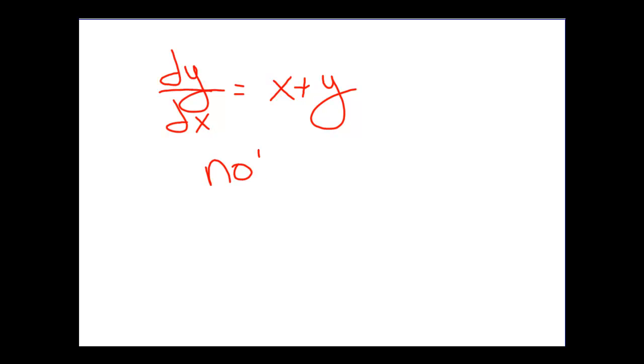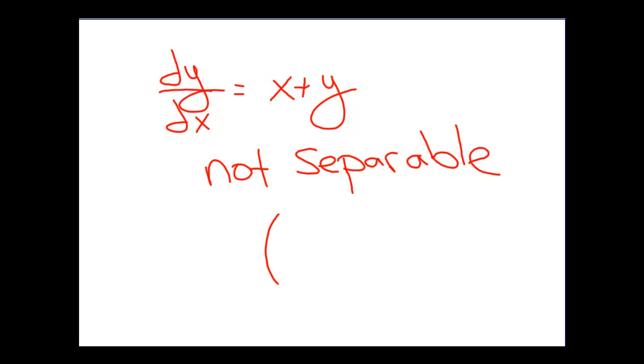This is not a separable differential equation. We cannot write this as some function of x times some function of y. If you think you see how this works, give it a try. See what you come up with. Play around with it and convince yourself that there's no way to write this as a function of x times a function of y.